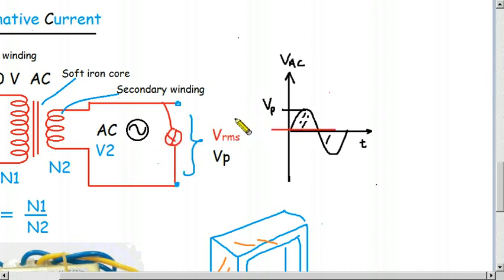But for sure we know the bulb lights up, and there is a voltage even though the direction changes. So we have to somehow find an average voltage for this changing AC voltage. There is a method for that. After following that method, we can find the average voltage.